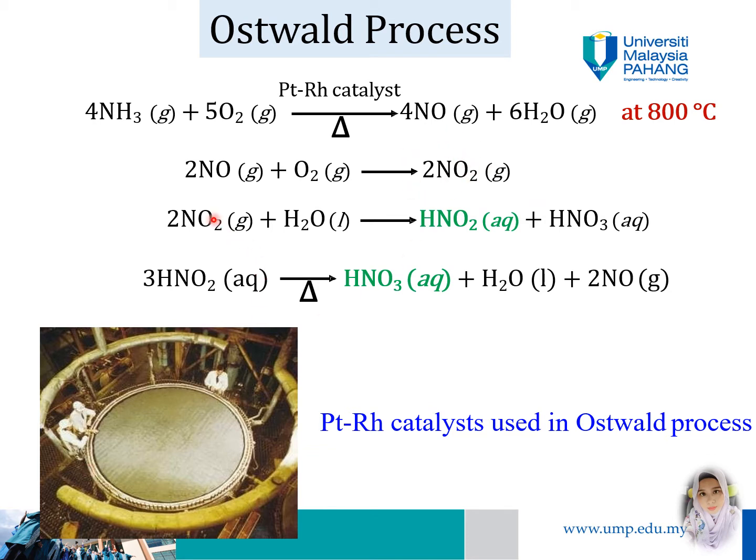And then the nitrogen dioxide formed from the second oxidation is introduced into the special absorption towers. The nitrogen dioxide will pass through the tower and water is showered on the nitrogen dioxide and turns it into the form of nitric acid.